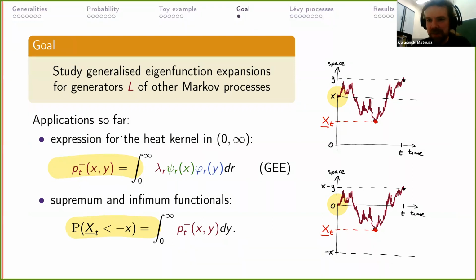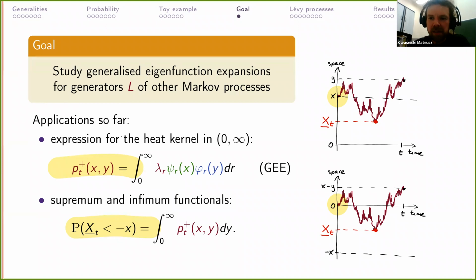What I was originally interested in is some kind of expression that's suitable for numerical calculations or finding estimates or asymptotic expansions of the distribution of the supremum and infimum functionals. Here we have an expression that, at least in the symmetric case, was successfully used to find out some information about these objects. So one can expect that in the non-symmetric case, this will be very similar. And that's my original motivation.